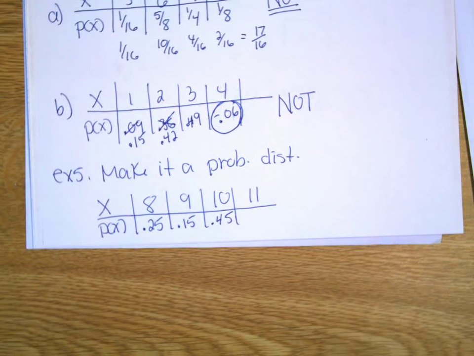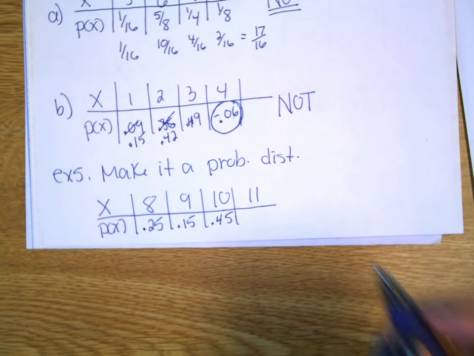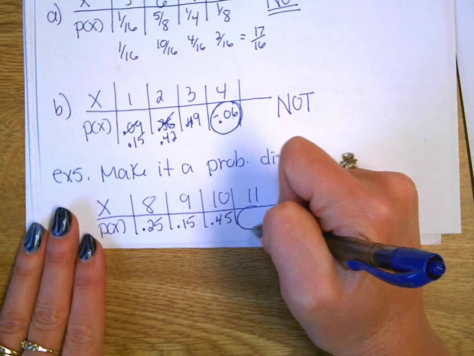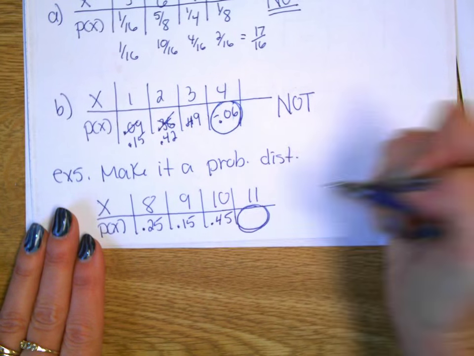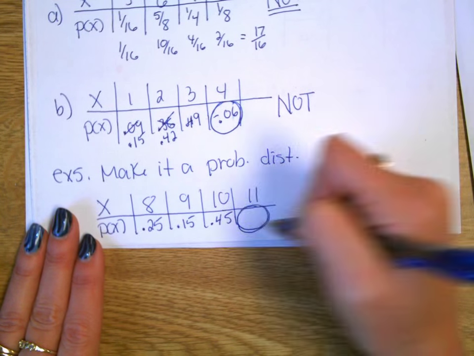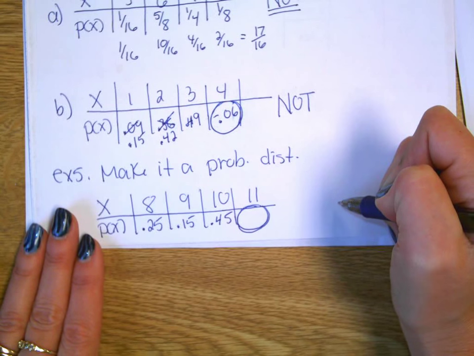If I'm telling you that those are the only outcomes for X and those are the probabilities, I want you to finish by filling in that last probability and make it a probability distribution. What do you have to do to make this happen? Add all of them up, subtract from 1. Because these 4 values have to add up to 1 to be a probability distribution.